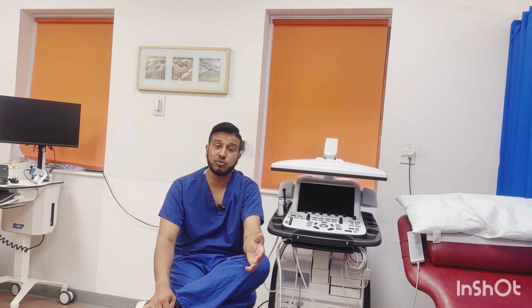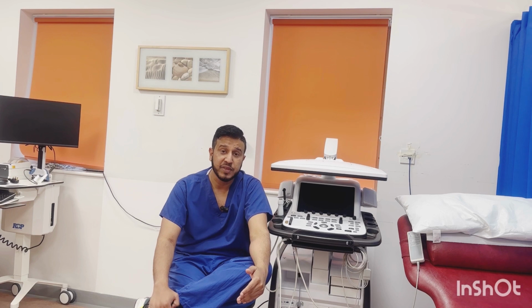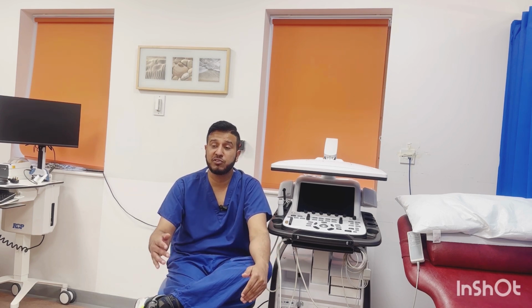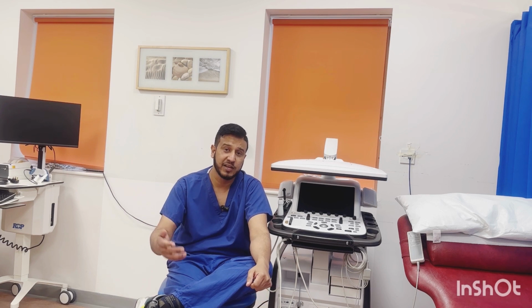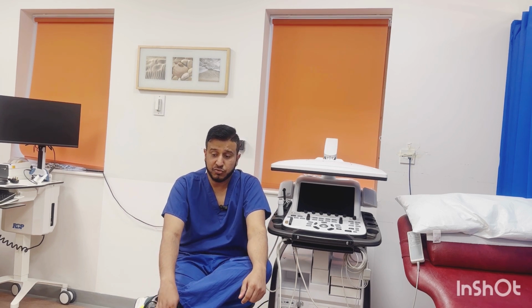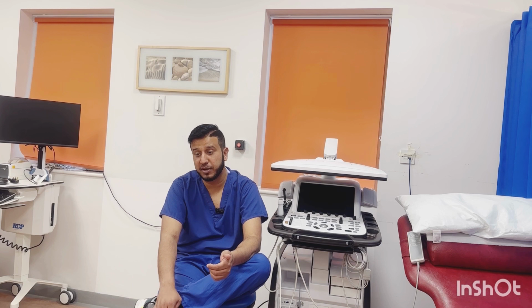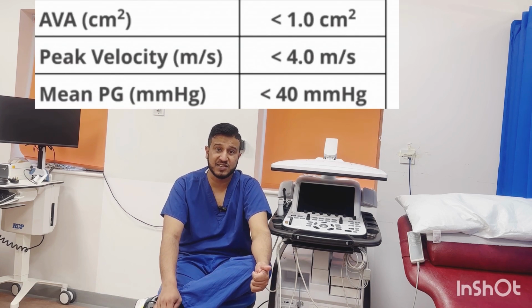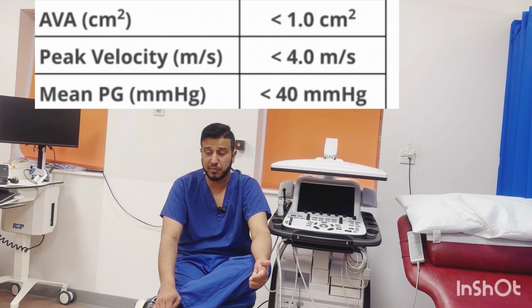So let's come to the other part, which we usually see more. This is the category I'm going to tell you now. These are the patients we see in everyday routine. For example, we get a mean gradient suggesting that this is not severe aortic stenosis, which is less than 40 millimeters of mercury.